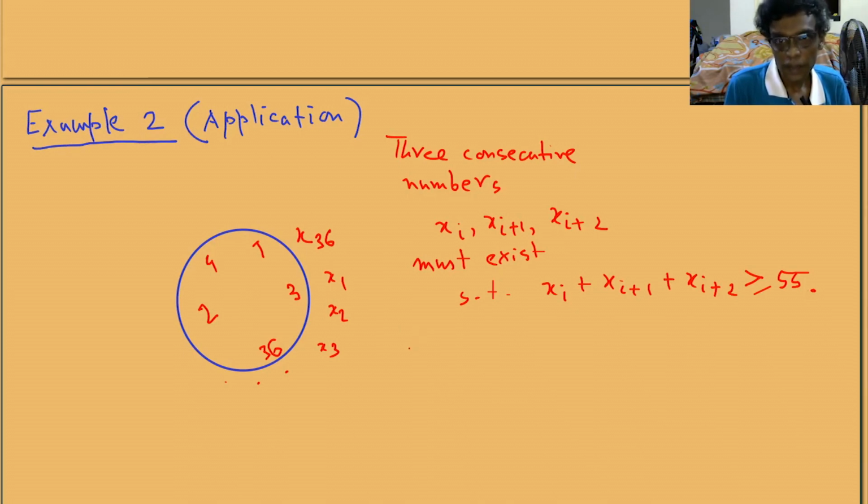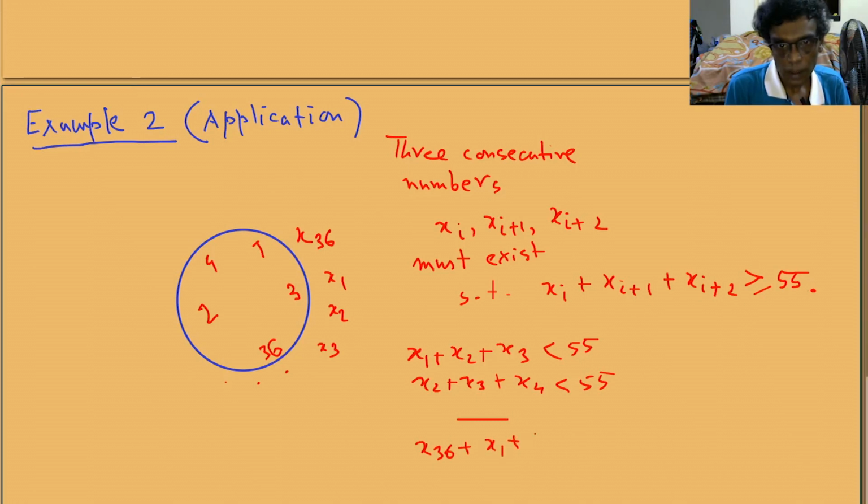So I will assume that x1 plus x2 plus x3 is less than 55, x2 plus x3 plus x4 is less than 55, and so on. Eventually I have x36 plus x1 plus x2 less than 55.